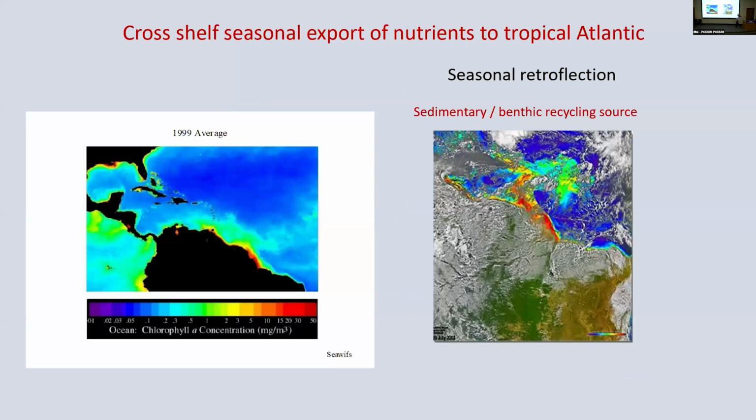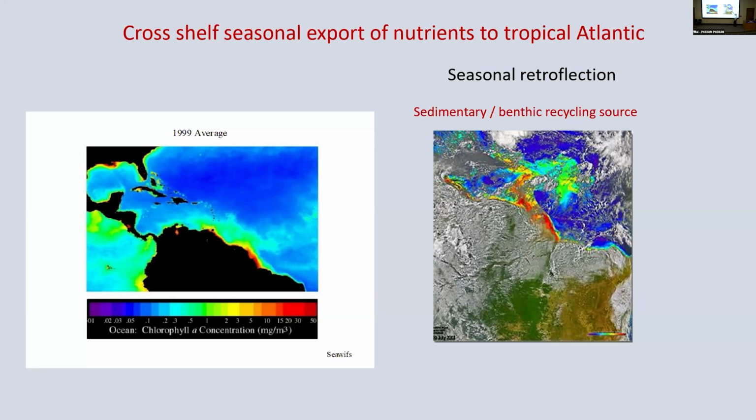And so here qualitatively, you can see that this is an incredibly productive region of the ocean, coastal region. This is the chlorophyll pattern, the annual pattern from a long time ago now, I guess. But it's still the same in that regard. You can see part of the retroflexion here. So it comes off of French Guiana and reaches out across the Atlantic.